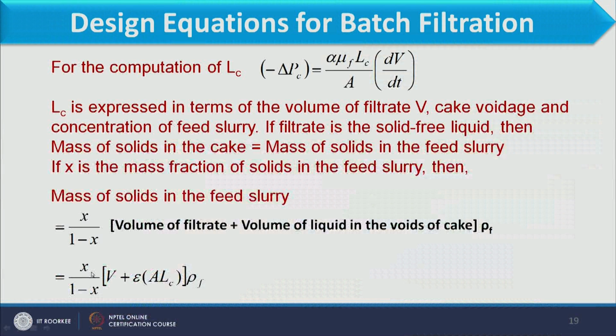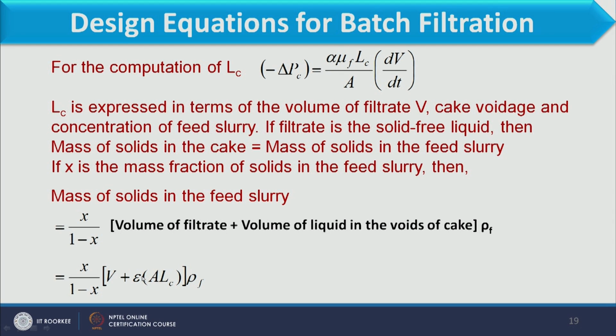which is available in the bed, because the volume that is not available in the slurry has been filtered. So whatever liquid is available is either collected as filtrate or remains in the bed itself. So here we can define it as X by 1 minus X into V, the total filtrate which has been collected, plus epsilon A Lc. Now what is A Lc?